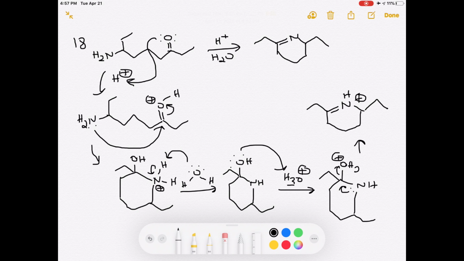A simple way to get from here to the final product is to use water, which will deprotonate that nitrogen and return a lone pair to that nitrogen atom, and we are left with the final product. So in examining this mechanism, we find that choice D exactly matches our final step.